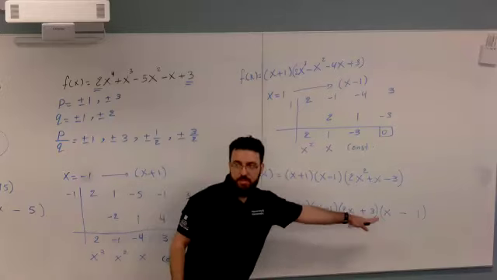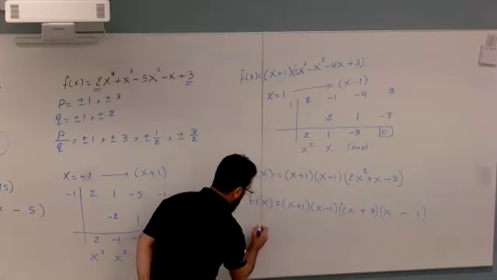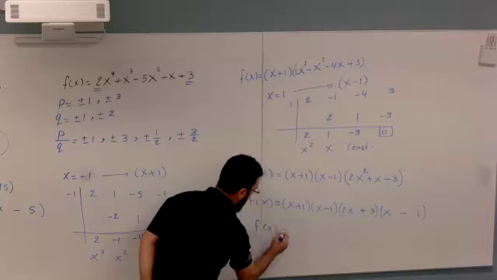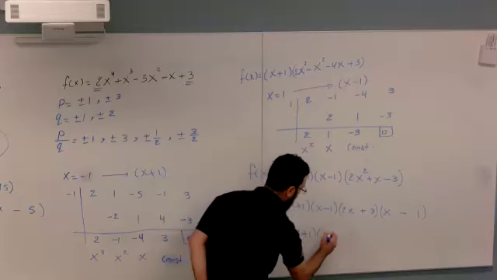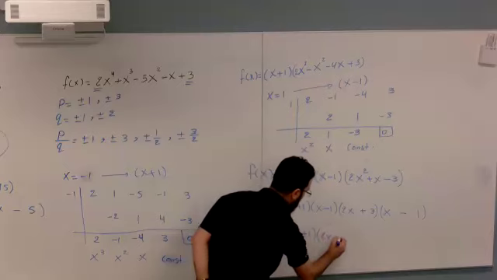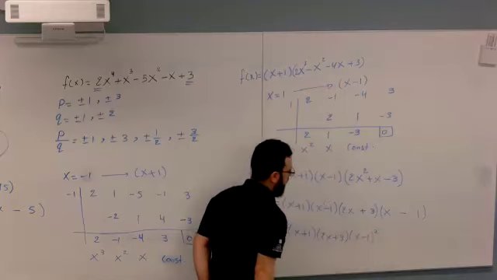This one is the same thing here, so you don't have to write it down twice. You can put x minus 1 squared. So our factored form is x plus 1, 2x plus 3, and x minus 1 squared.